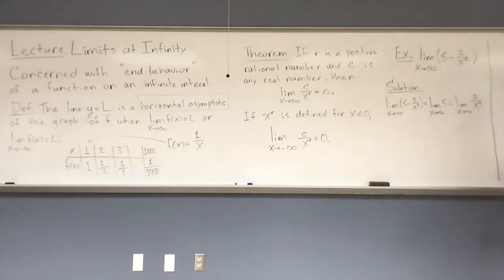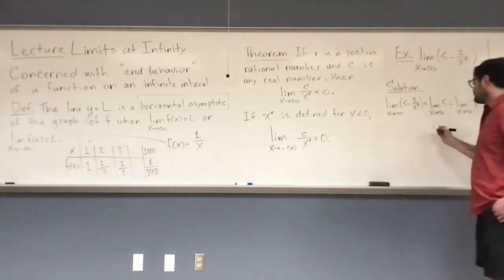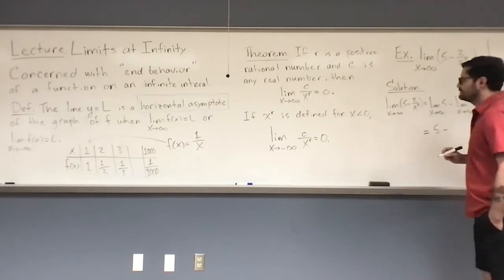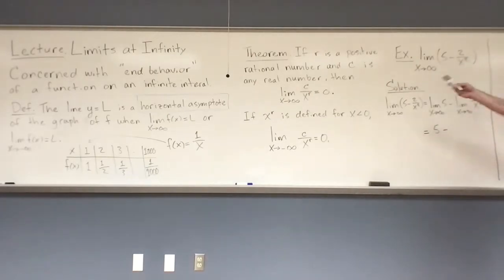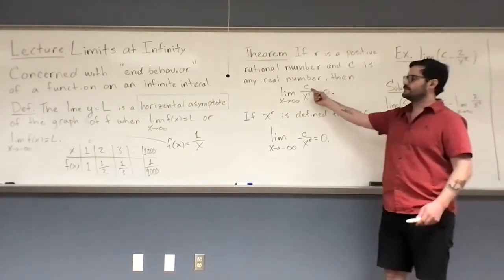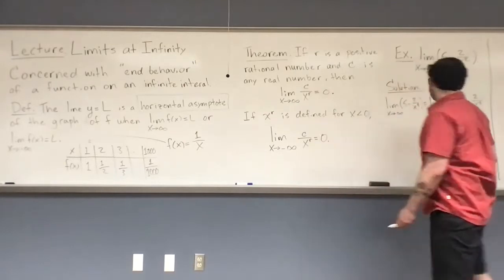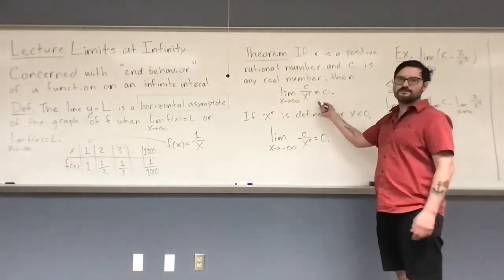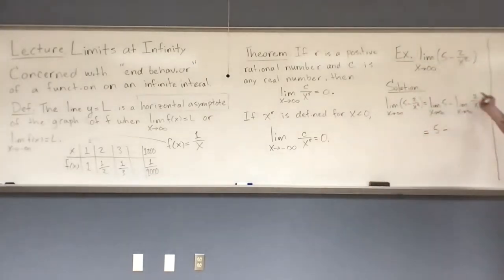The limit of a constant is just the constant. So this will be equal to 5 minus, and then we can apply that theorem. C is 2, and r is also 2. So this holds, which means that this is going to be 0 by that theorem.